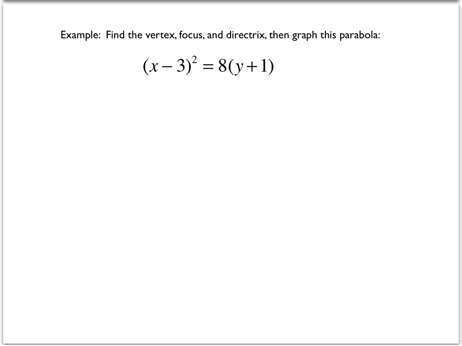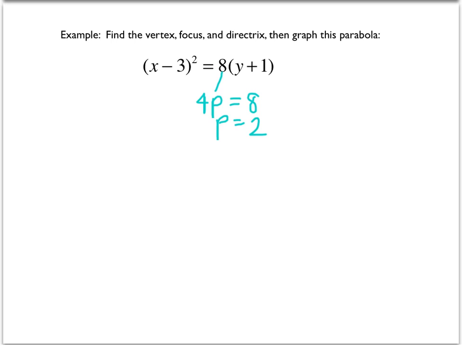If we can isolate that to be a number, that's really good, because this value will always be something called 4p. So in this case 4p equals 8, that means p equals 2. That's a key number because it tells you both the distance from the vertex to that line and also from the vertex to the focus point.